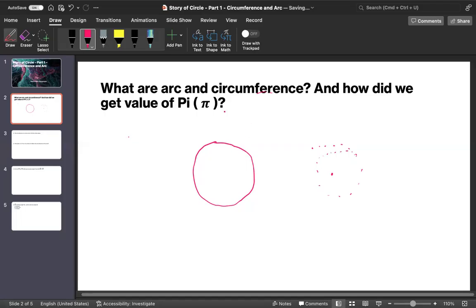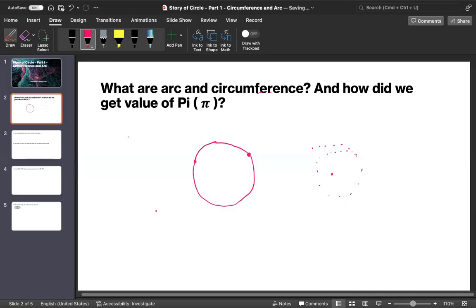So, an arc is the measure of the distance between two points on the circumference.